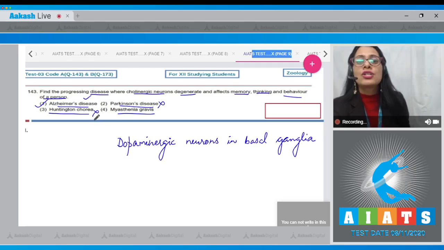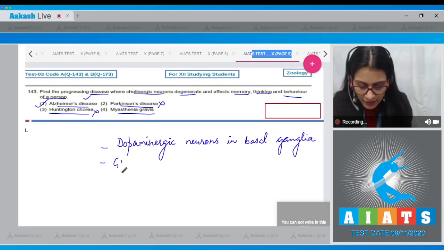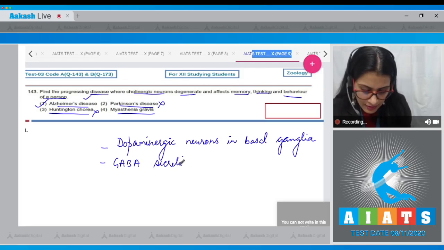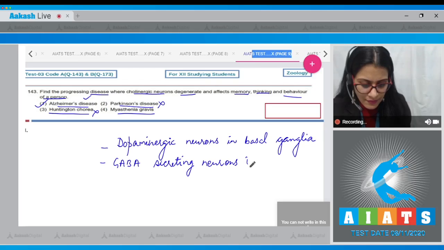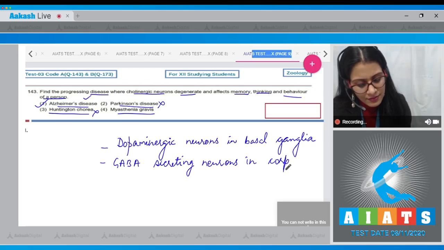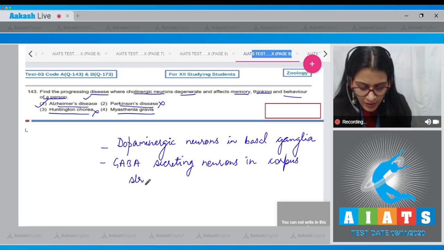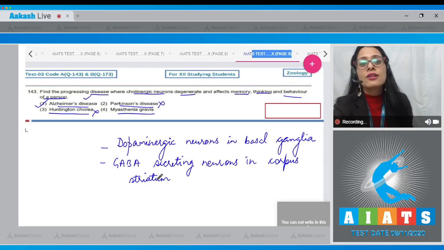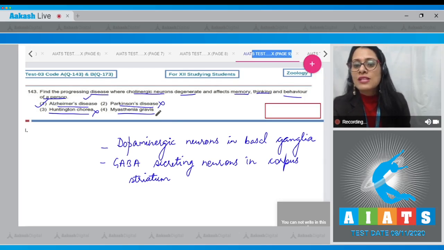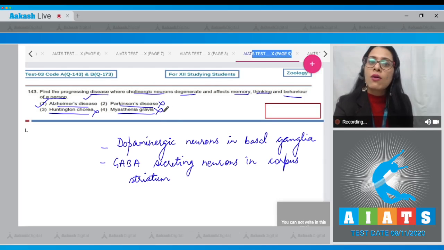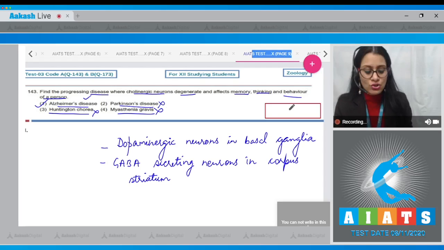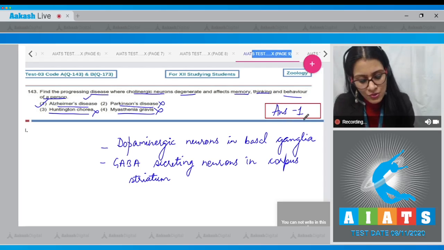Huntington chorea is due to degeneration of GABA secreting neurons in corpus striatum and cholinergic neurons of other parts. The last option is myasthenia gravis, which is an autoimmune disorder and it is caused due to damaging of acetylcholine receptors at neuromuscular junction. So the correct answer to this question is option number 1.